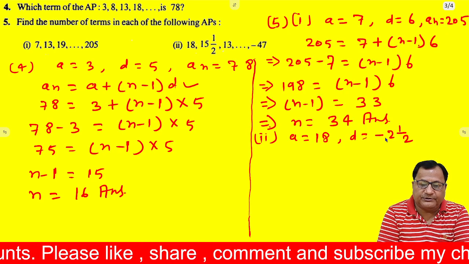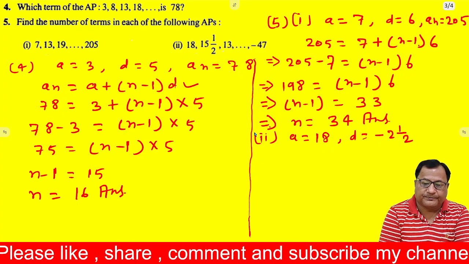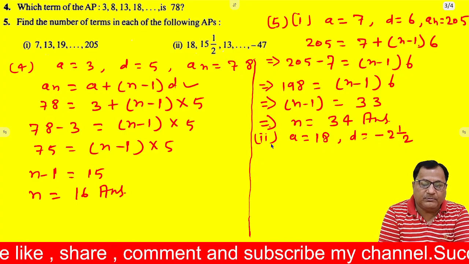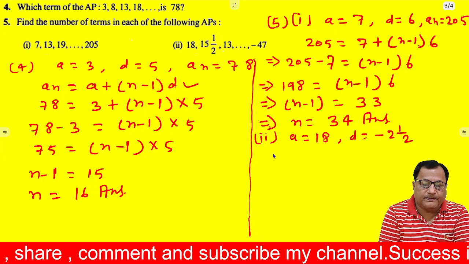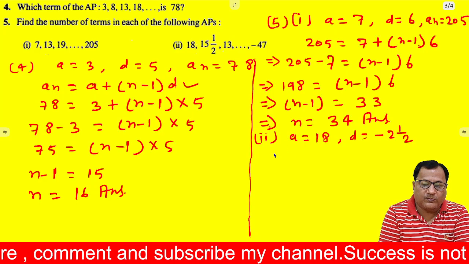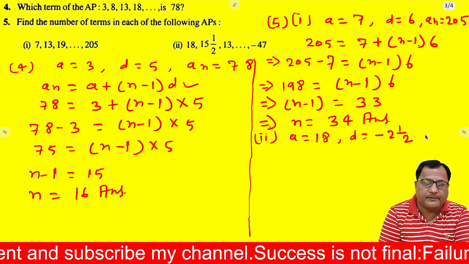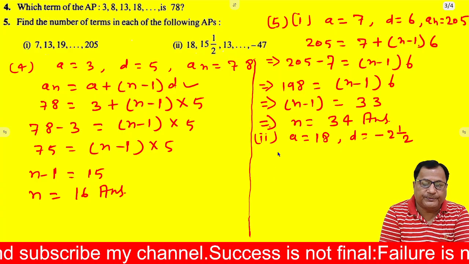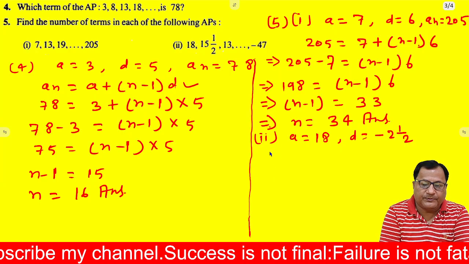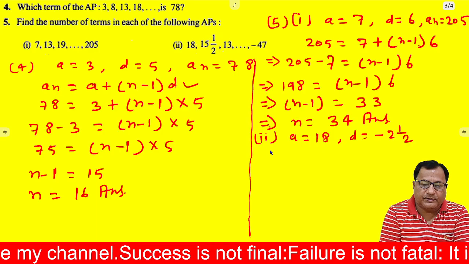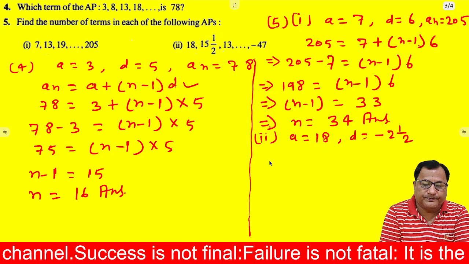A is equal to 18, D is equal to this. Now D is equal to this.